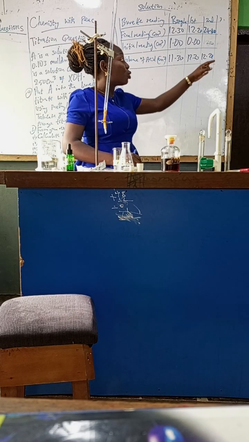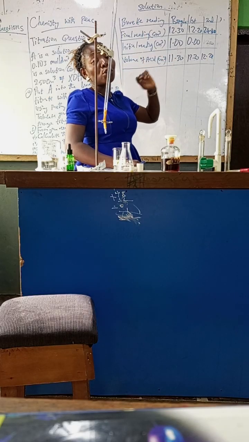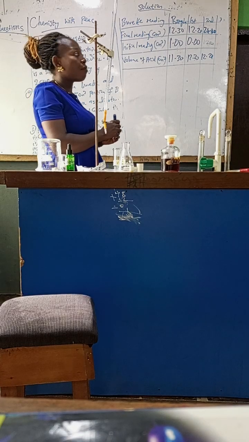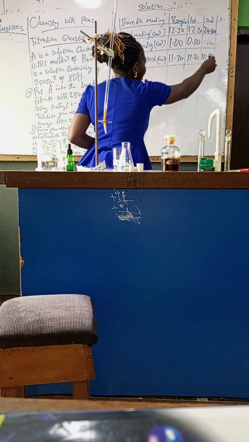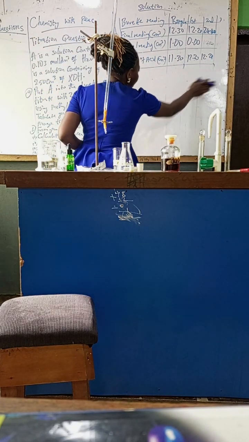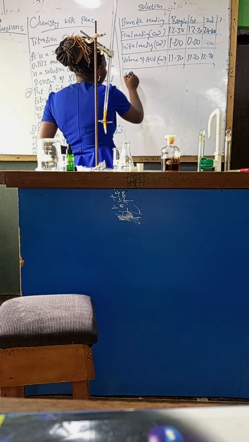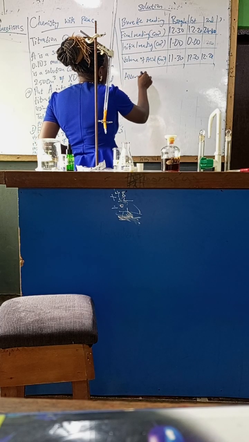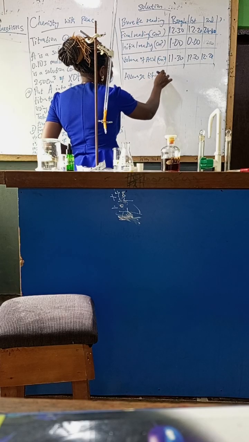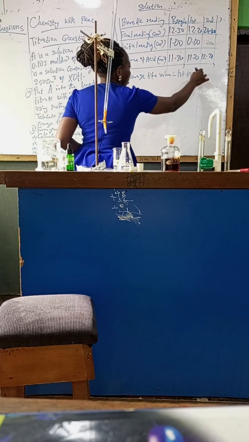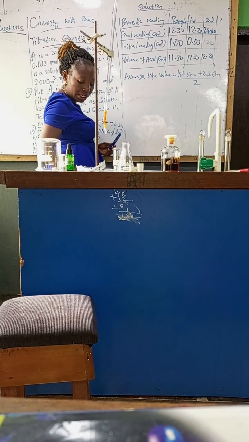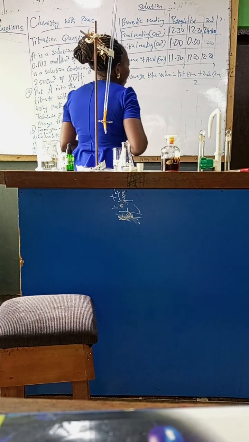I'm not going to confuse the titration because I don't want the video to be too long. So first of all, we are asked to calculate the average titer value. I'm going to use this first and second to get our average titer value. First titer plus second titer divided by 2.